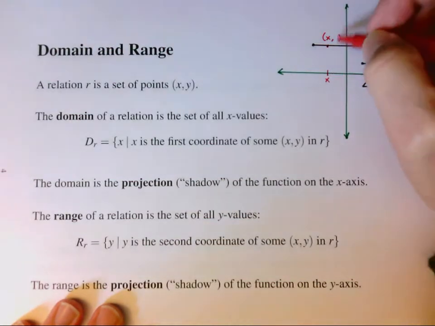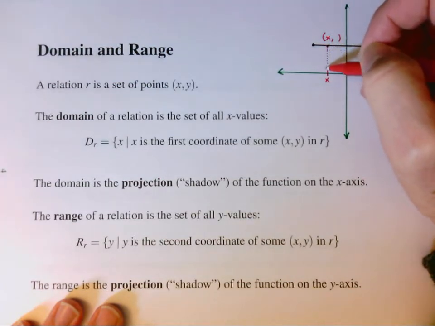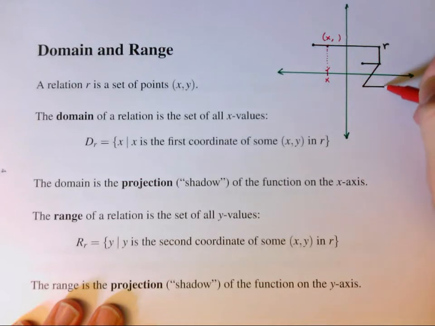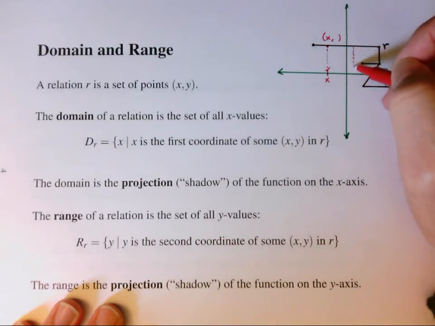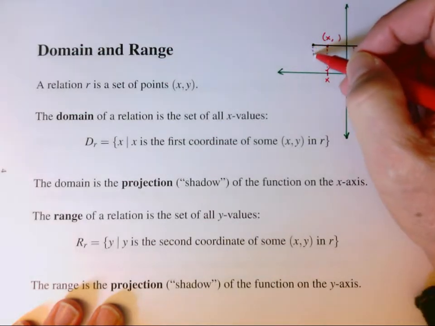What that means is, starting from the graph of the relation, if you can move vertically in either direction to the x-axis, then you have found a point in the domain. So in essence, the domain is like the shadow of the relation on the x-axis.